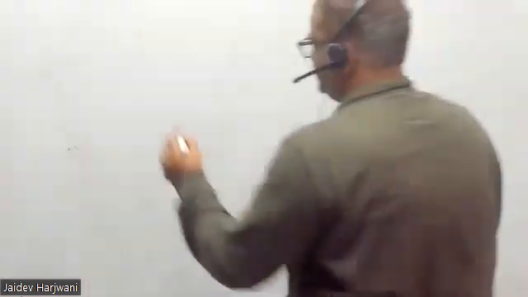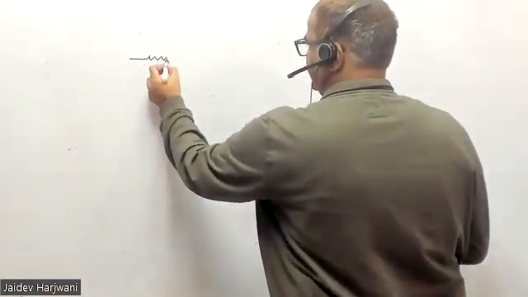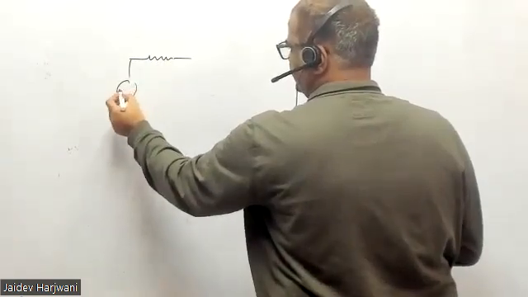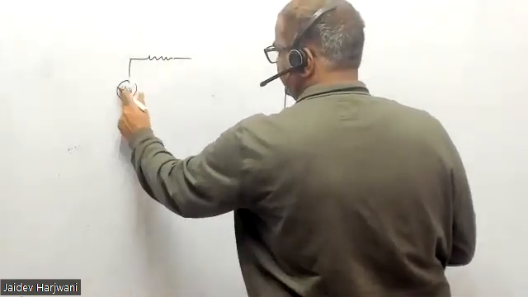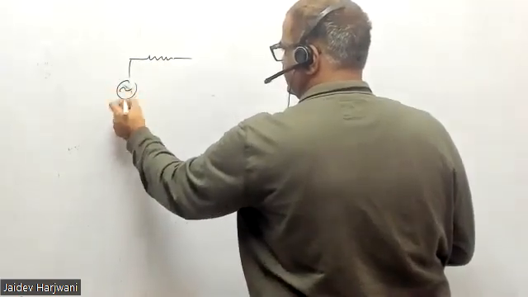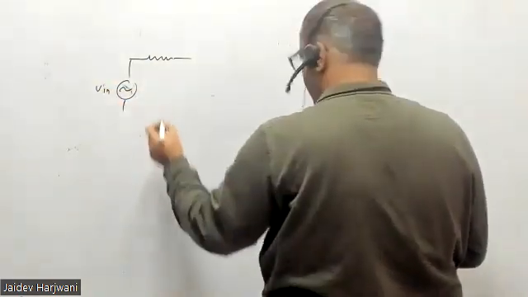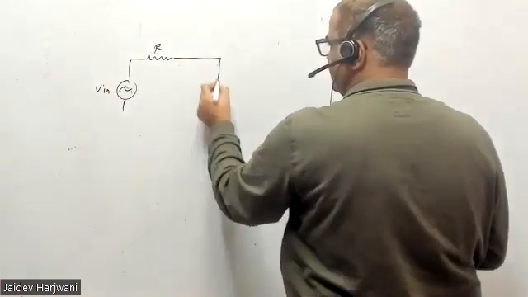Two diodes are given. This is your V input, AC volts. This is R.